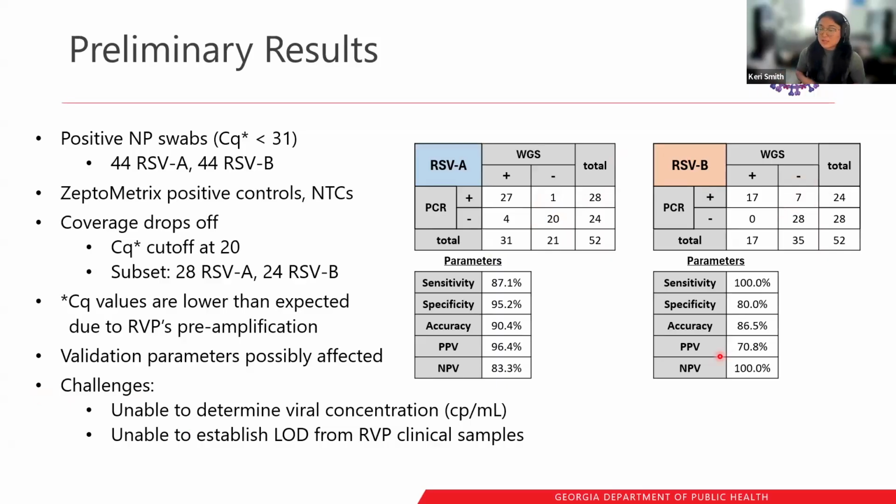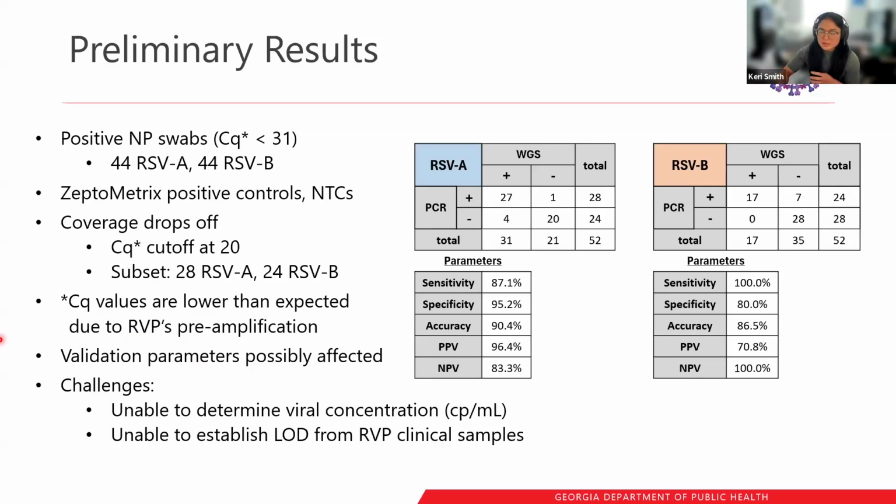Because I haven't established an LOD quite yet, I also want to emphasize that the Cq values I'm getting from RVP are not true Cq values, as they are lower than expected, just because RVP goes through a pre-amplification step. That means, for example, if a sample has a Cq of 20 from RVP, it could be a true Cq of 30.